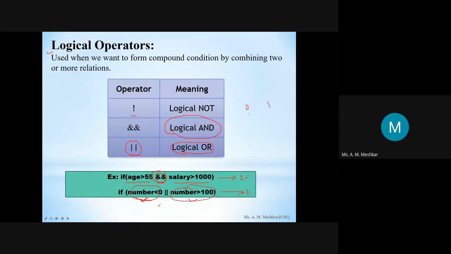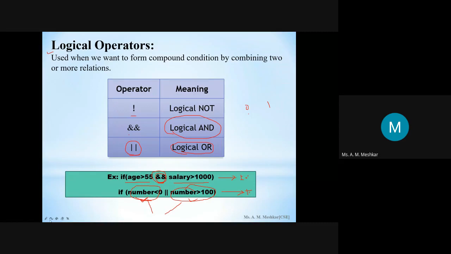If one of these conditional expressions is true, then the result is going to be true. So these are the logical operators which we use when we want to combine two or more conditions or check two or more conditions in the logical expression.